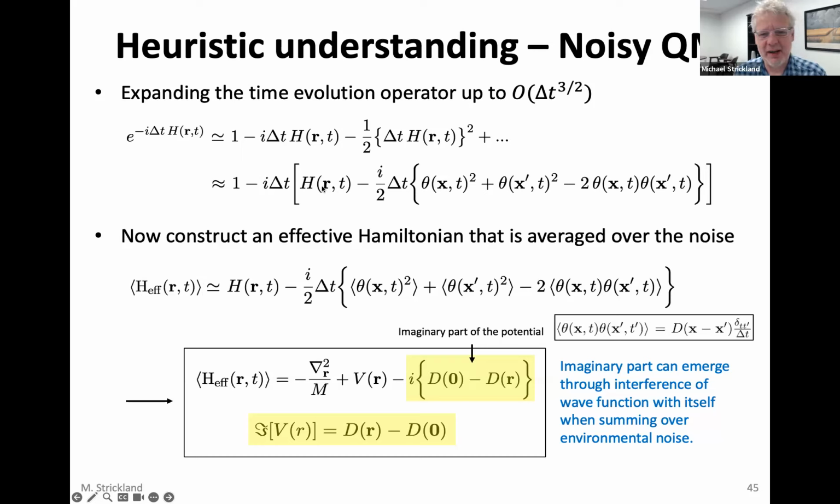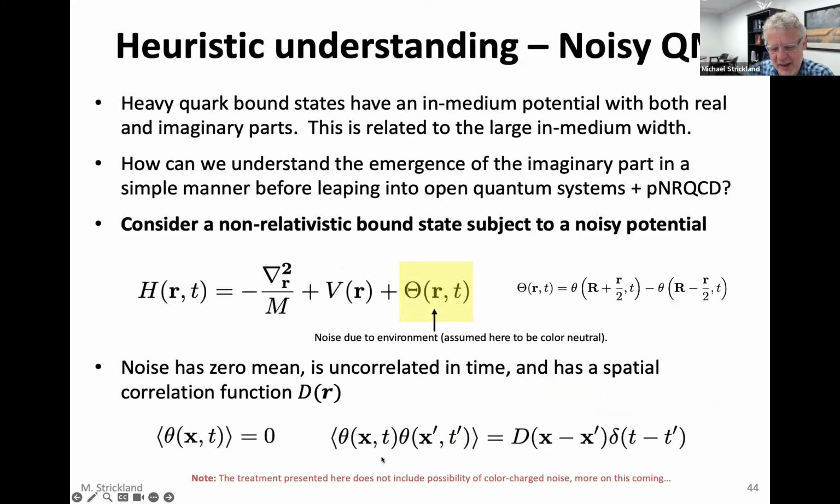The first part here just contains the real part, and the noise fields average out, so you just get the normal kinetic energy plus potential part. But at second order in this expansion, you get these expectation values of the noise fields. And then we have to go back to our fundamental definition of these noise fields in order to see what's going to happen.